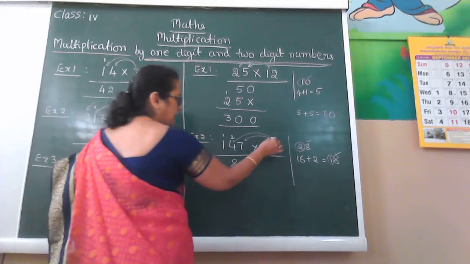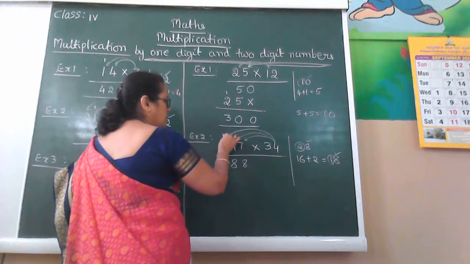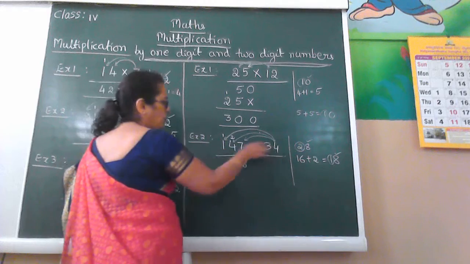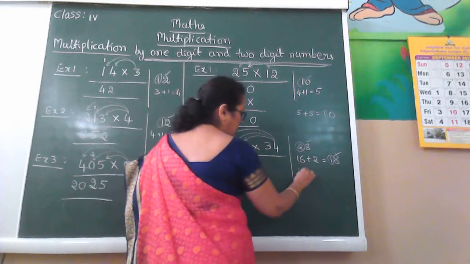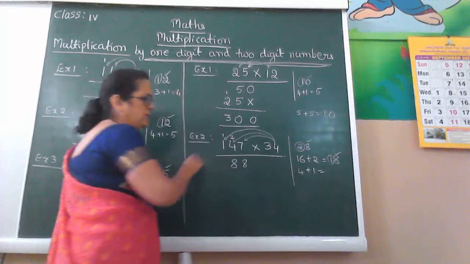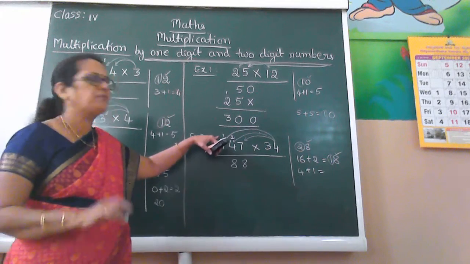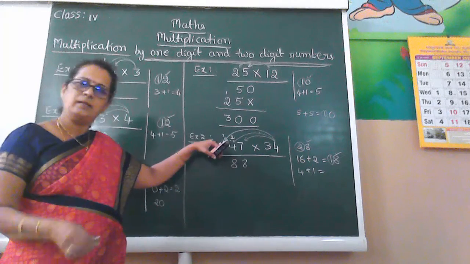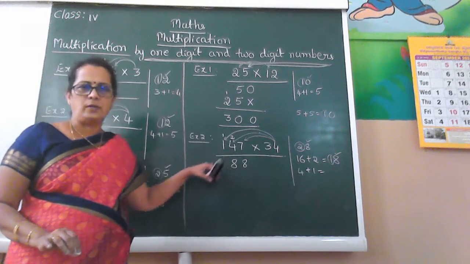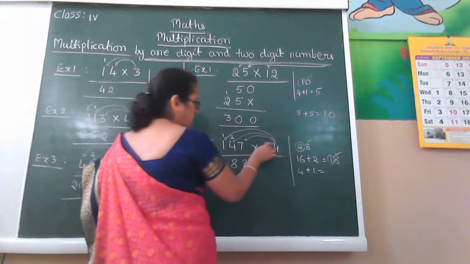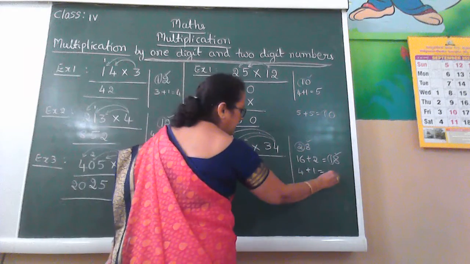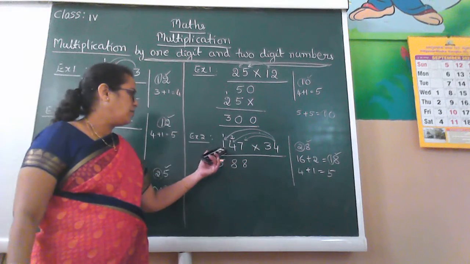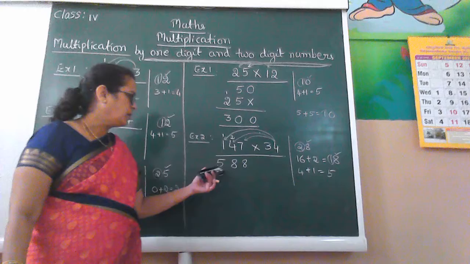Now 4 ones are 4 plus 1 carry. Always remember, after multiplication, if any carry is there, you add it. If it is not there, you just write the product here itself. 4 ones are 4 plus 1 carry, that is 5. So after the multiplication of 147 into 4, the product is 588.